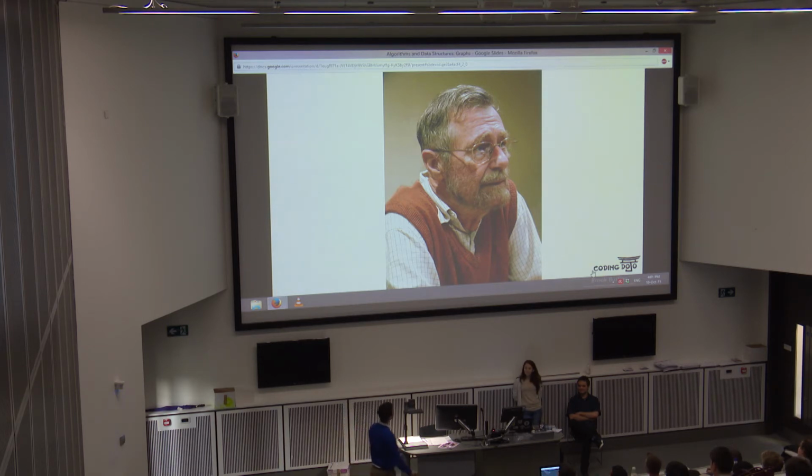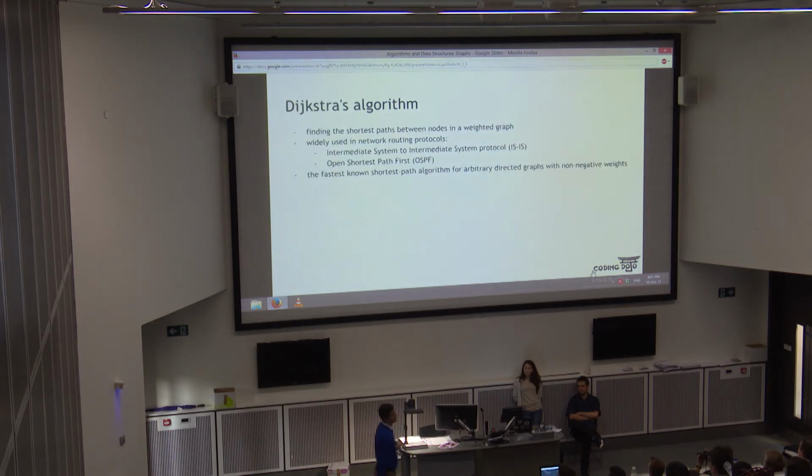What he designed, the contribution he made, probably the most important, is Dijkstra's algorithm. Now, imagine that in both previous algorithms, BFS and DFS, you went from one node in the graph to another node with no cost. So, zero cost.